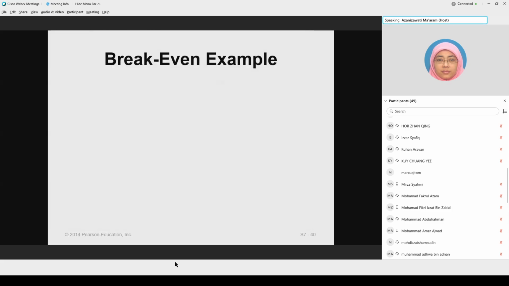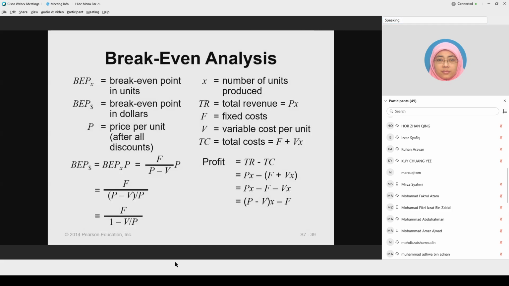Okay, sorry, another one is profit. So profit is equal to TR minus TC. We know the difference between the revenue line minus the total cost line. So TR we know is PX, TC is F plus VX.